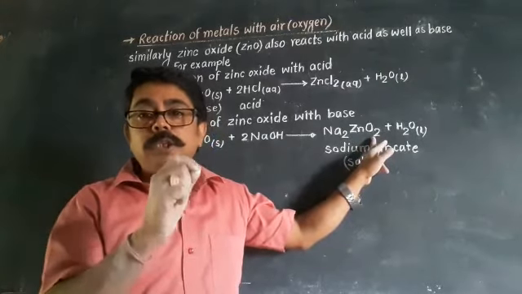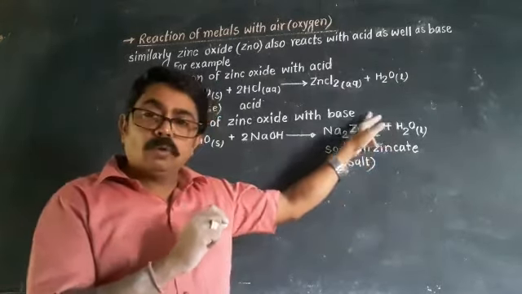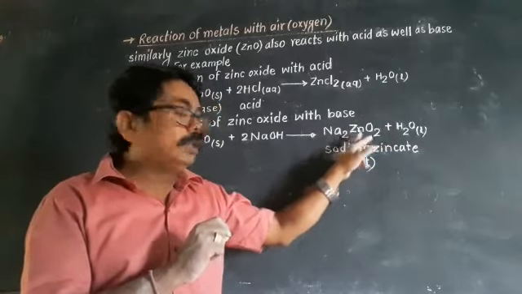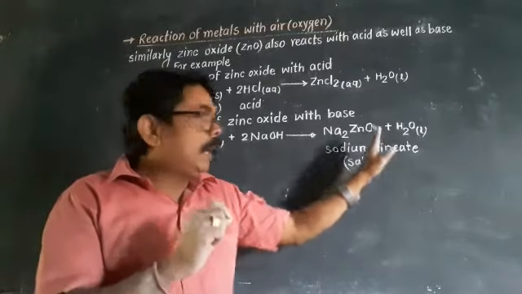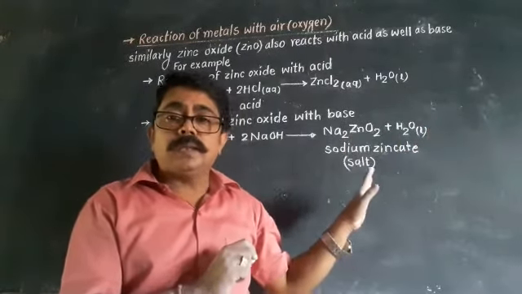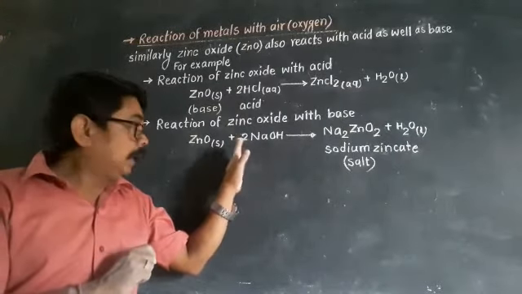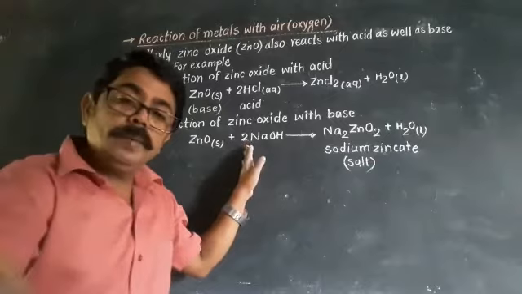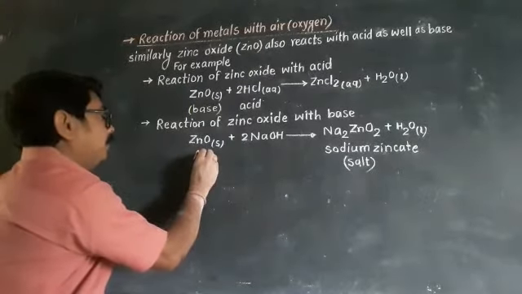It is called zincate. Clear? Zincate. Valence is 2. So on crossover it will become Na2ZnO2. Sodium zincate as a salt and water is formed. Now since in this reaction this zinc oxide is reacting with the base, in this reaction this zinc oxide will behave as acid.